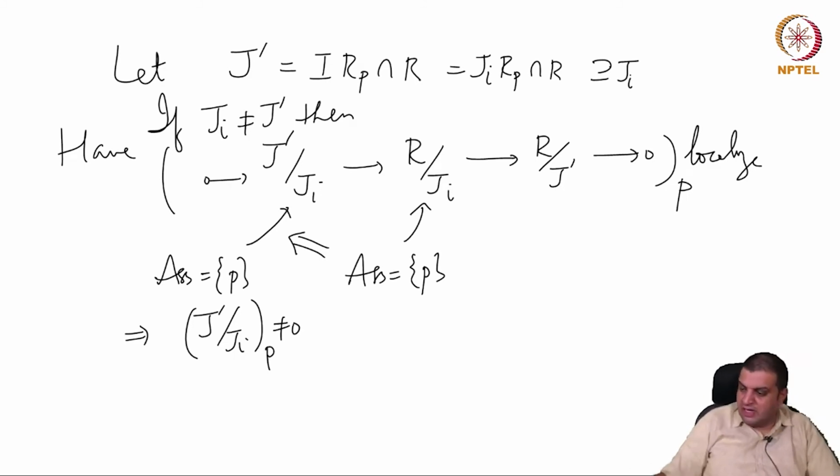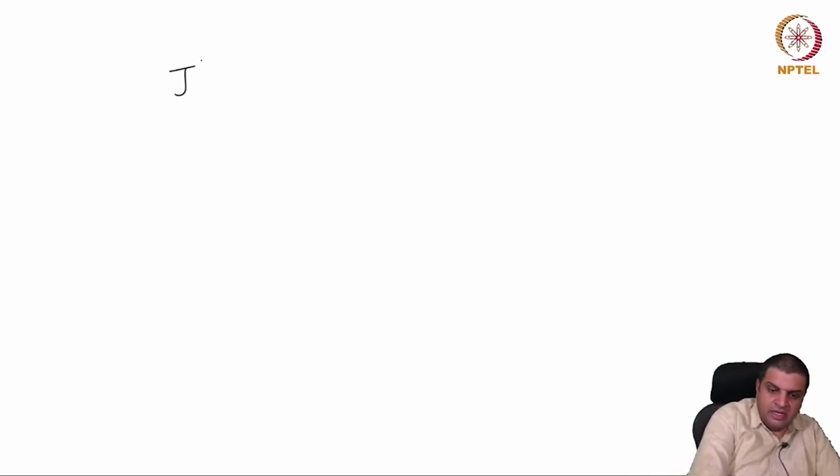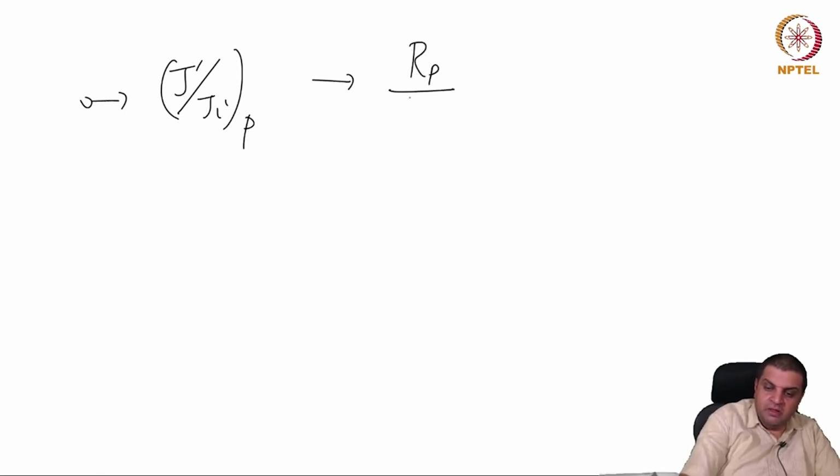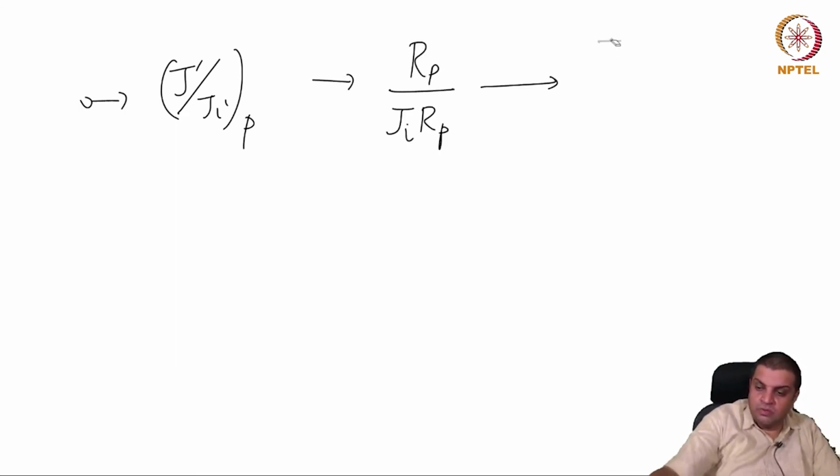But on the other hand, we get from the exact sequence: J prime mod Ji localized at P to Ji localized at P to Rp, to J prime localized at P to 0.